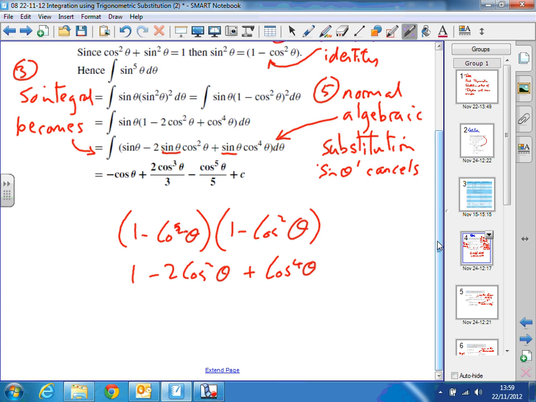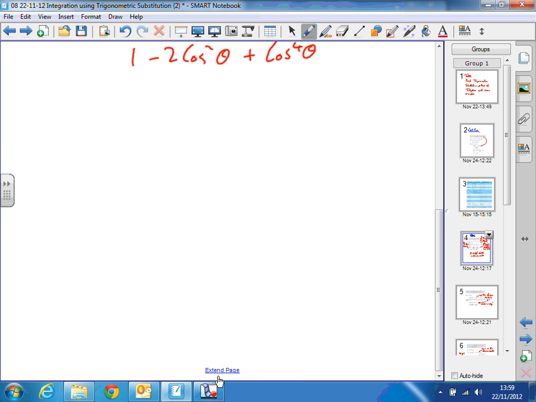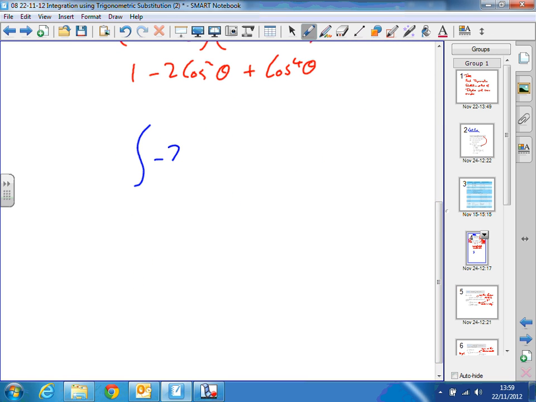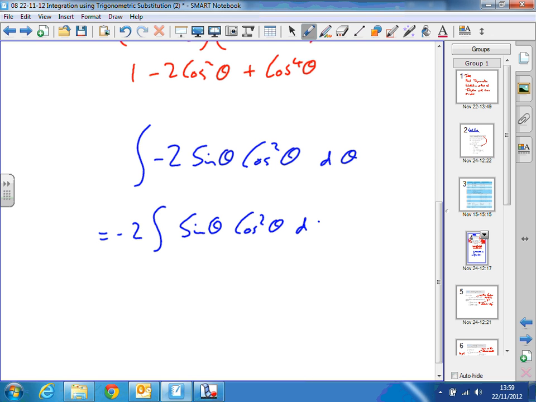So if we take, say, this one, if I was going to integrate the minus 2 sine theta cos squared theta with respect to theta, if you think back to our algebraic substitution that we were talking about in the last couple of weeks, we take the minus 2 outside the integral, so that's sine theta cos squared theta d theta, and then we make the substitution u equals cos theta.